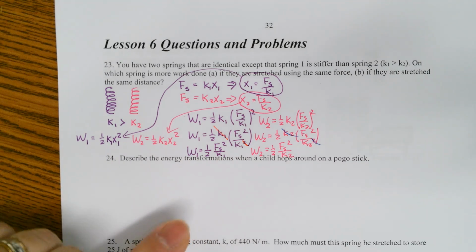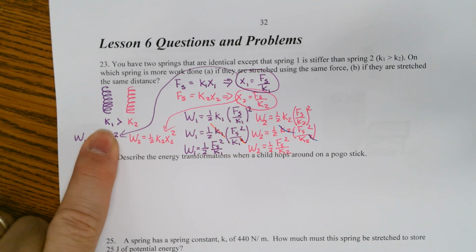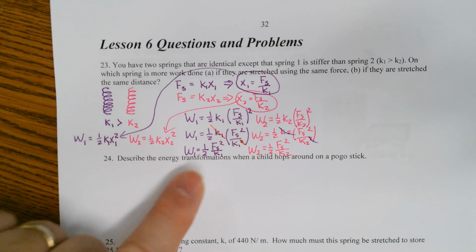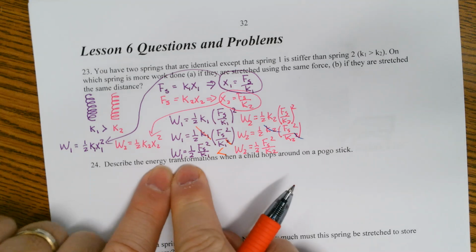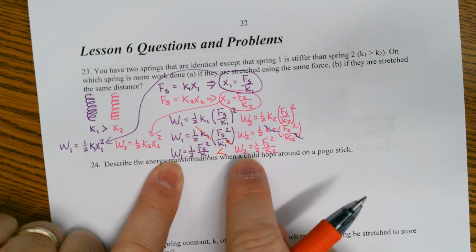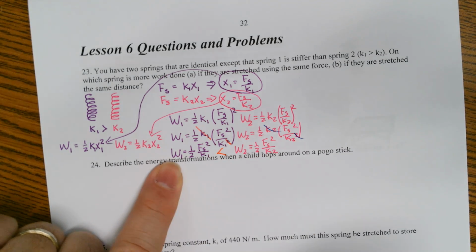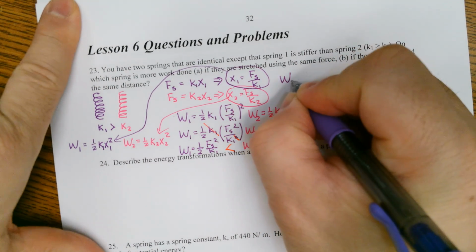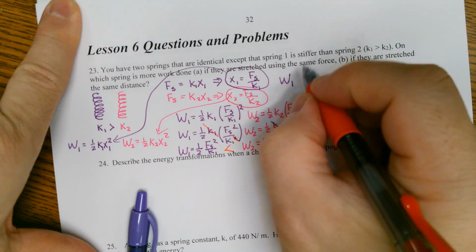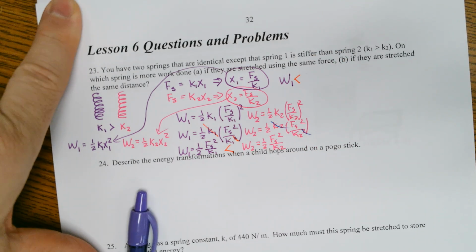So since K1 is bigger, you have smaller work 1 than work 2. In this case, work 1 is definitely less than work 2.